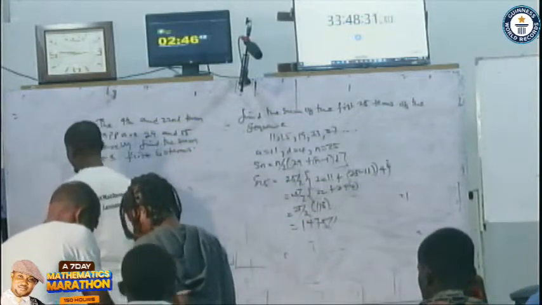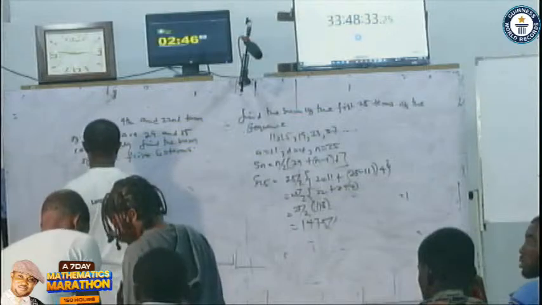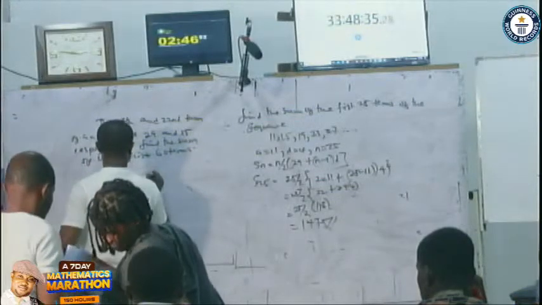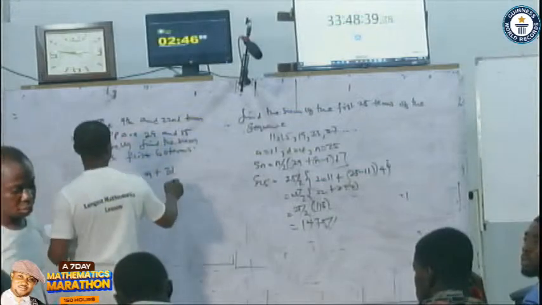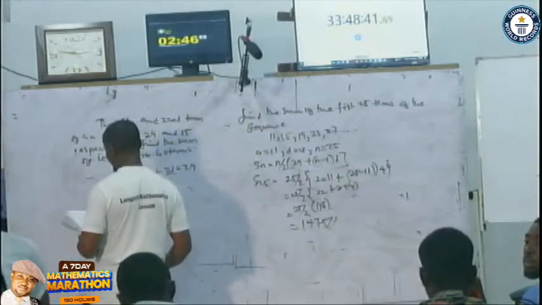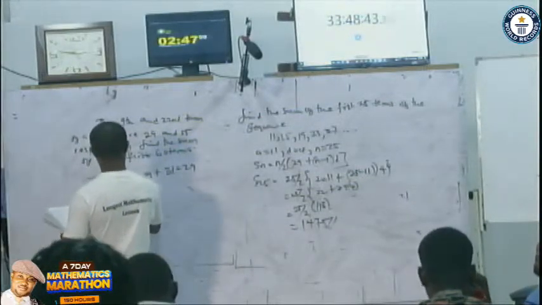The 9th term, so starting with T9, is A plus 8D, and this is 29. The 22nd term is 55.